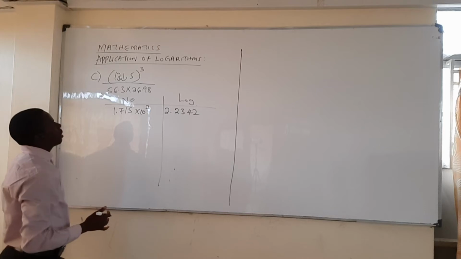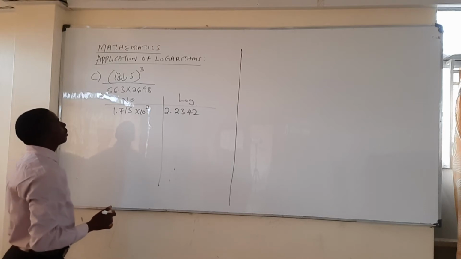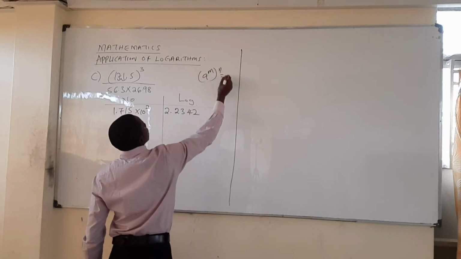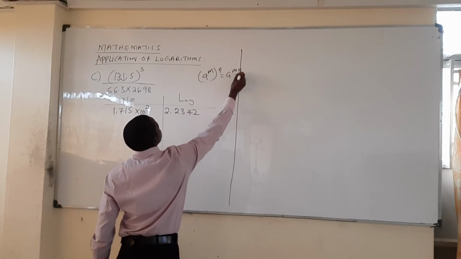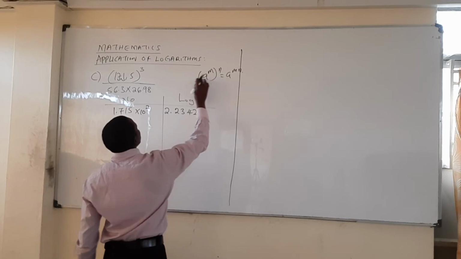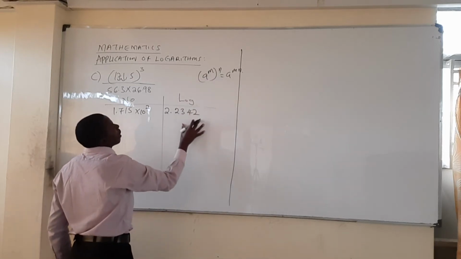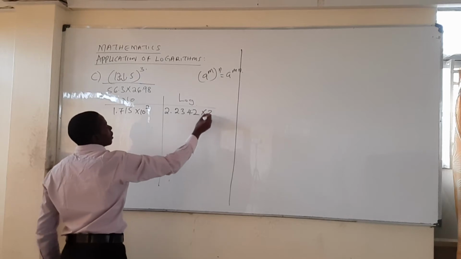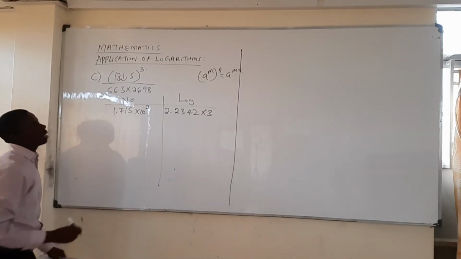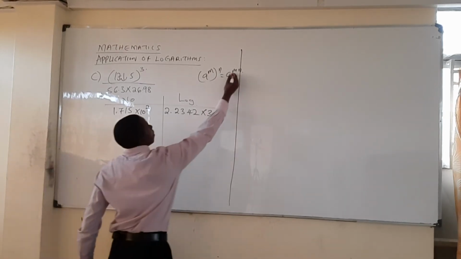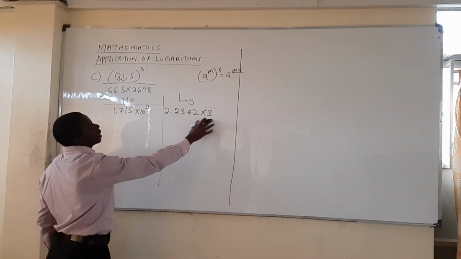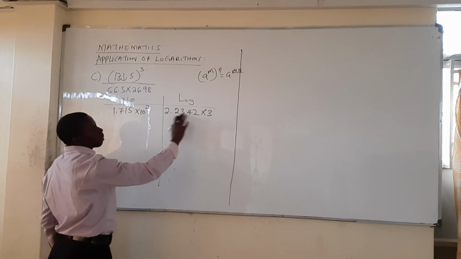Now remember we had the law of indices. We had a power m, then power n, this is equal to a power m times n. So whenever you have, because you're working with powers here, this power 3, we are going to multiply it by 3. And that is power m times n. So you multiply this number by 3. Now because it's a positive number, we multiply it directly.